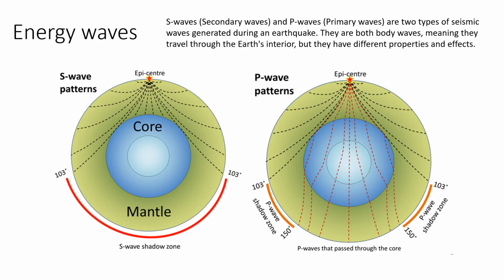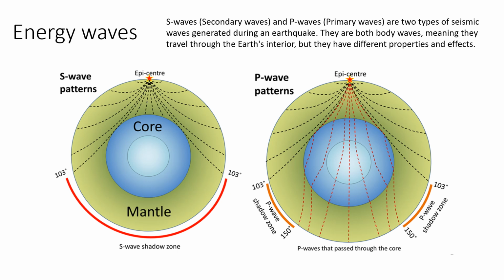We talked about how they move, and you can see here the difference between S waves and P waves. Because of that compressional movement, P waves can move through different layers of the earth than S waves. S waves are relatively restricted, and you can see there's a large section called the S wave shadow zone, which means in those areas S waves won't reach.